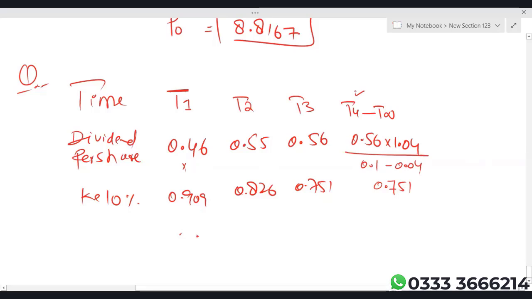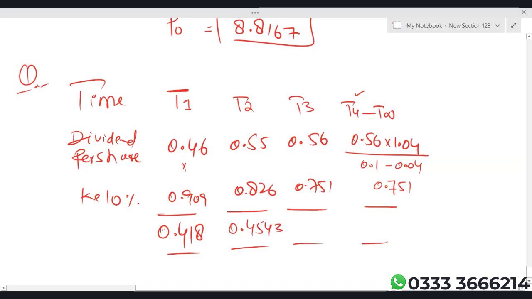Now let me use the calculator. Let's see what we are getting. 0.46 into 0.909, 0.418. 0.55 into 0.826, 0.4543. 0.42.